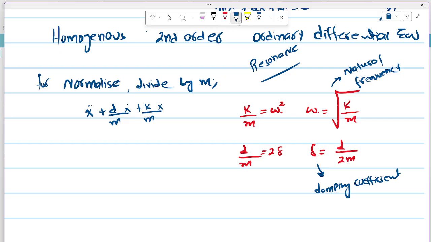Let's say you have a bridge, like this one, and the wind is blowing over the bridge.